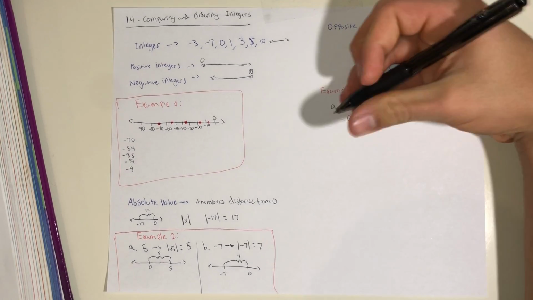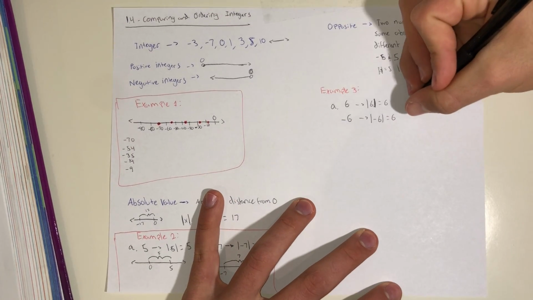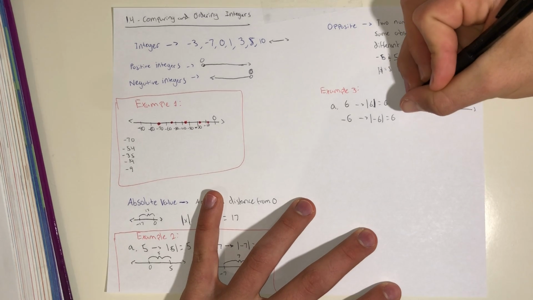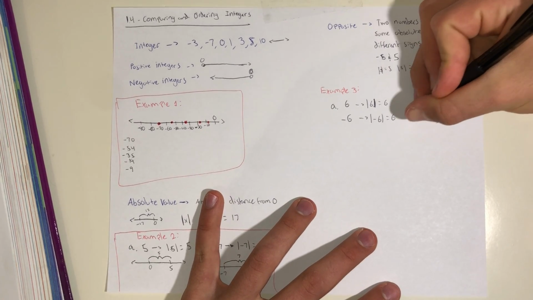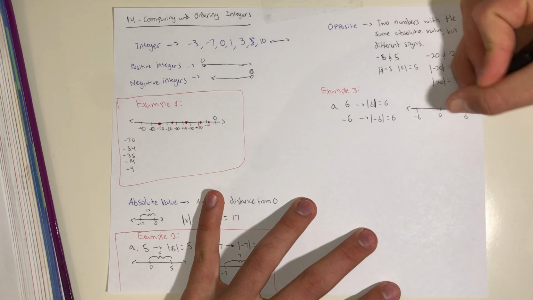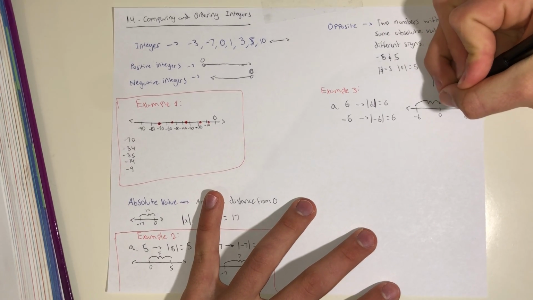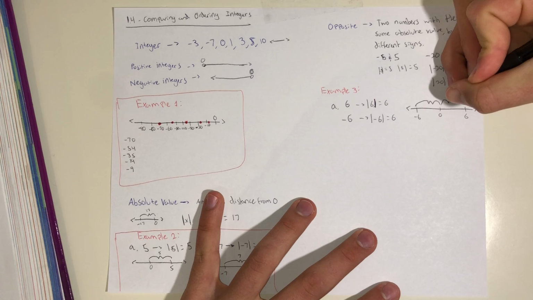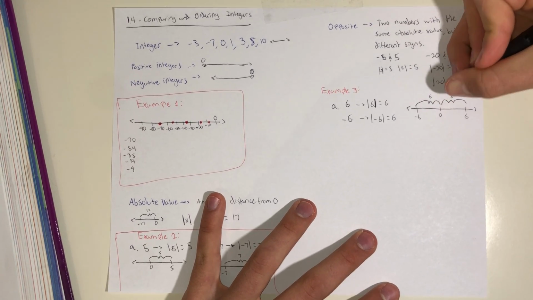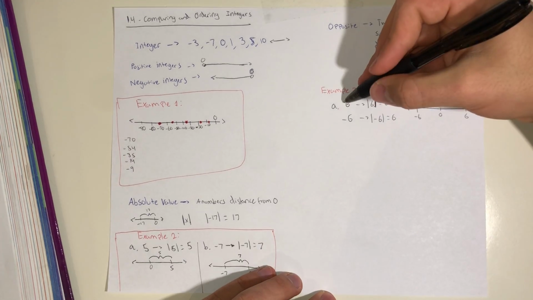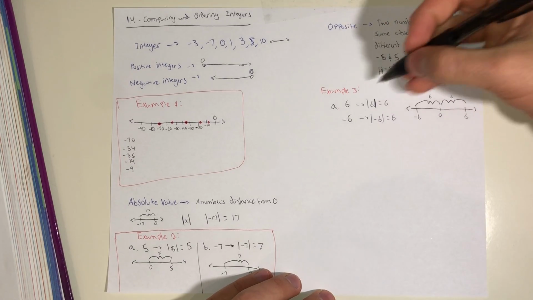So these two are opposites, and this can be proven on a number line, because here we're going to see 0, -6, 6. We're going to see this distance equals 6 and this equals 6. Their absolute values are equal. They have different signs. So they're opposites.